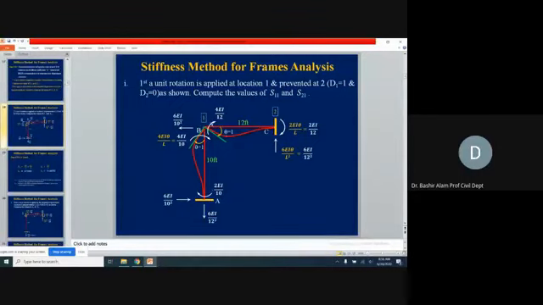So what will happen when you start a tangent now to that new deflected shape? What will happen from the initial stage if we start and if we move this cursor? It means it is because of the counterclockwise rotation, which is against our assumption. Our assumption was clockwise direction was positive.